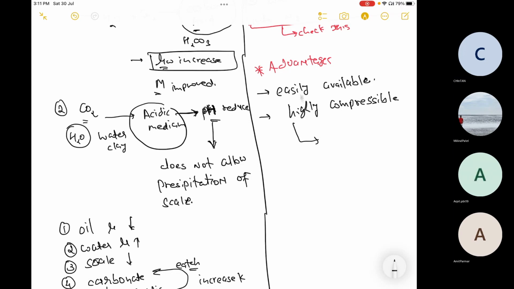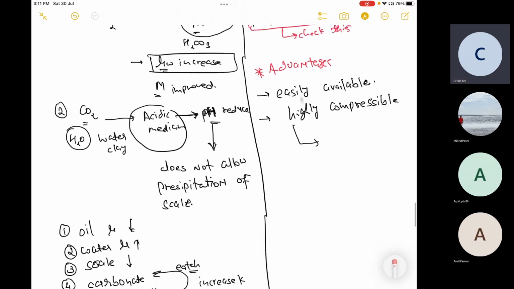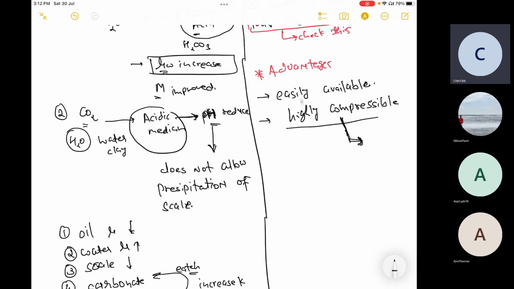Whenever it's inside, we can inject more N2 compared to CO2, so we can maintain pressure higher than with CO2. So this is another advantage.